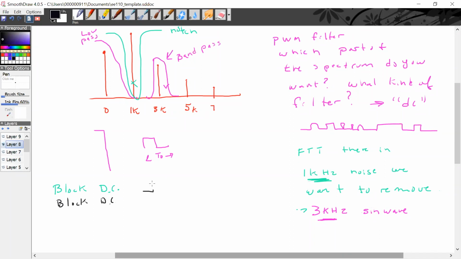So I'm going from here, but what I really want is this. Well, how am I going to do that? You see how this is a high pass function.